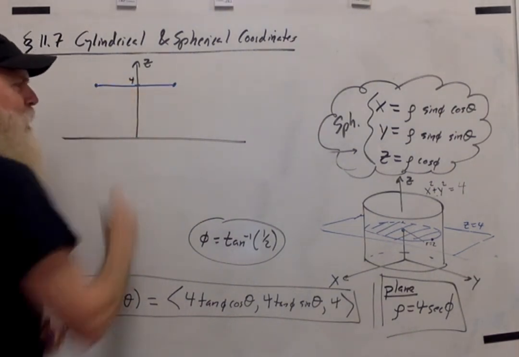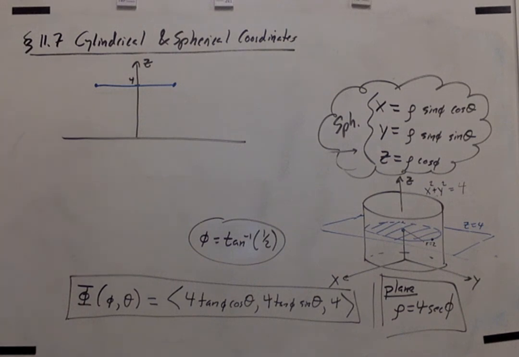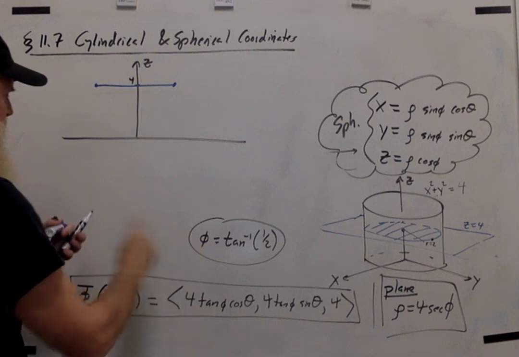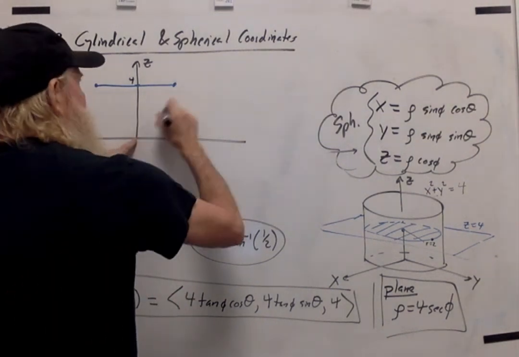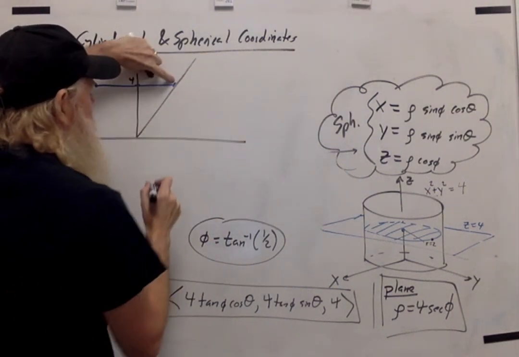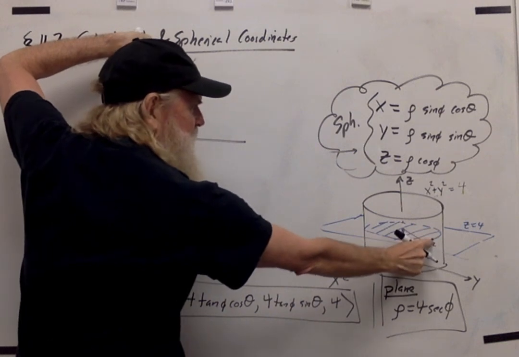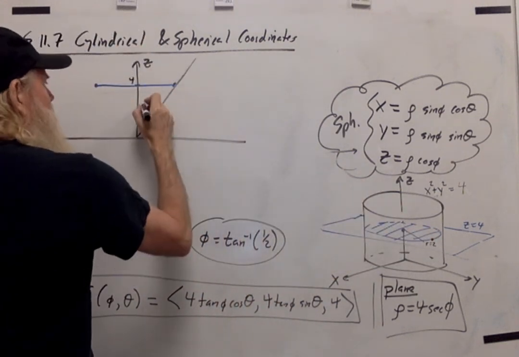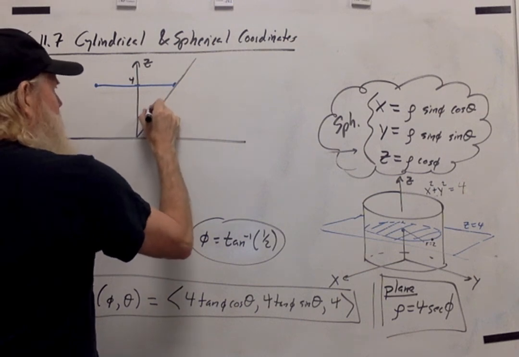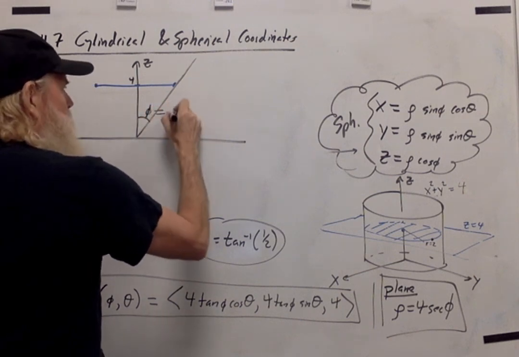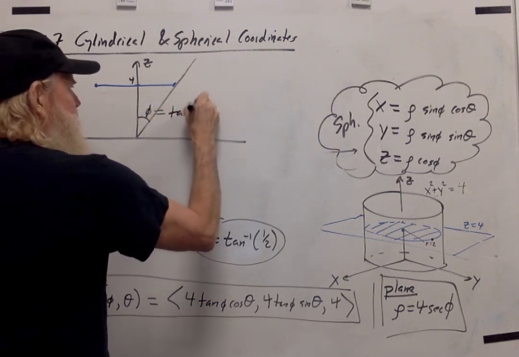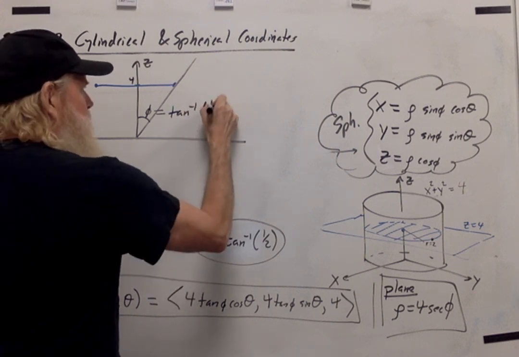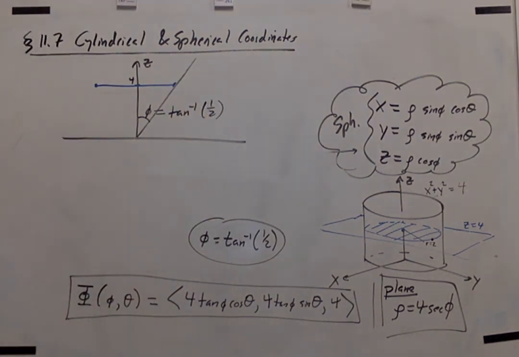So notice that I'm looking at it from the side, so all I see is a line segment. What this is telling us is that this bounding circle right here, this edge circle, makes an angle of phi equals the arctangent of 1/2.